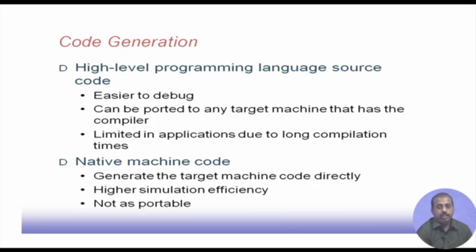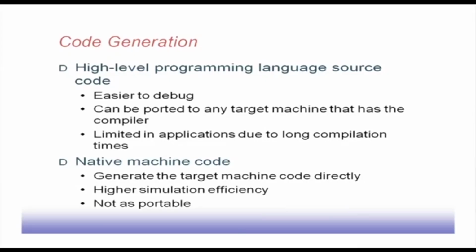Another possibility is that we do it in machine code directly. We generate the target machine code directly. In that case the simulation becomes efficient, because we are not depending on any intermediate compiler. We know that if there is an AND gate, we have to use the AND instruction of the processor. We can generate this target code directly; that is not very difficult in fact.